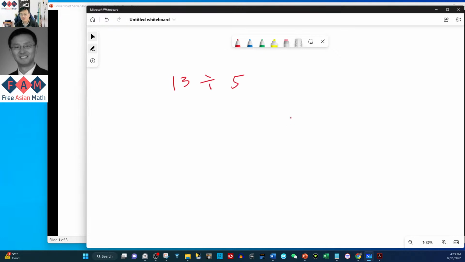Your teachers might have taught you to write this as 2, which is the quotient, and then with this R symbol signaling there's a remainder, we write 3 right there. This is a very common notation in a lot of classrooms, and if you have some textbook or homework assignment, you might see this notation as well.